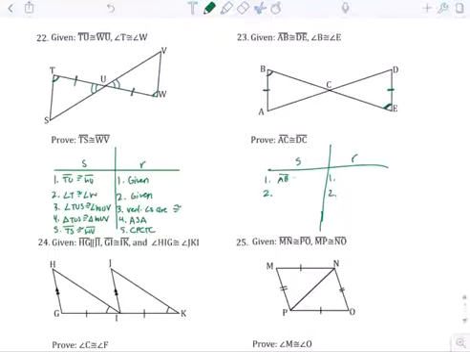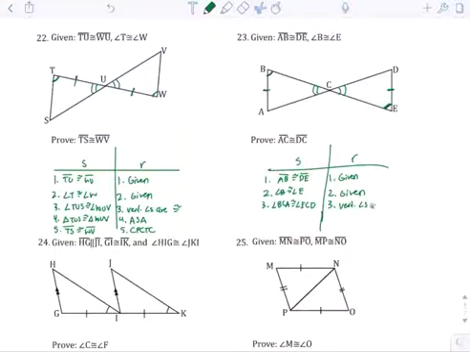AB is congruent to DE, that's given, and angle B is congruent to angle E, and that's also given. Now we can also say that these are congruent because vertical angles are congruent. So angle BCA is congruent to angle ECD.